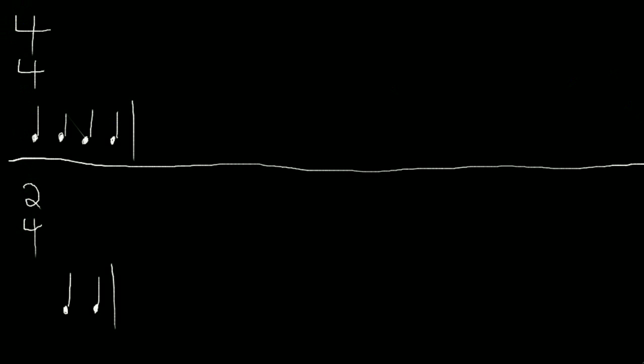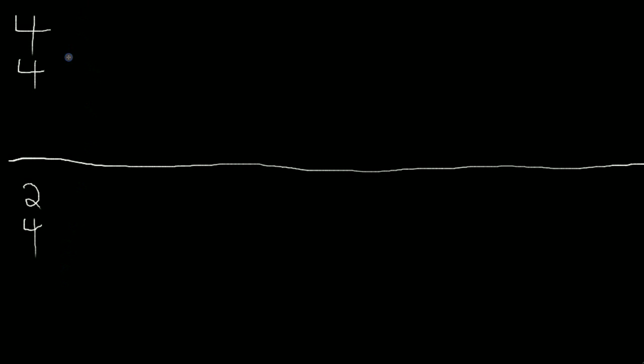What we're going to do now is write down an example. I'm going to make something up in 4/4, but then we're going to try to write the exact same thing in 2/4.